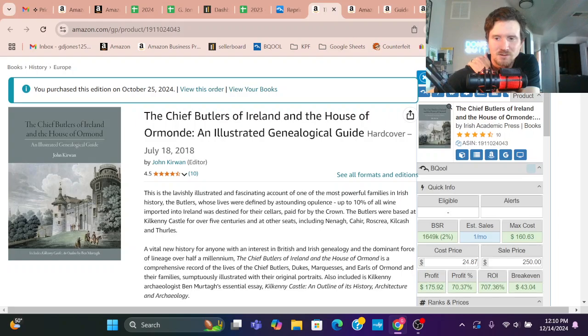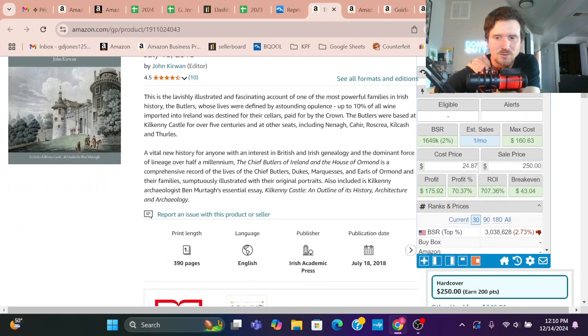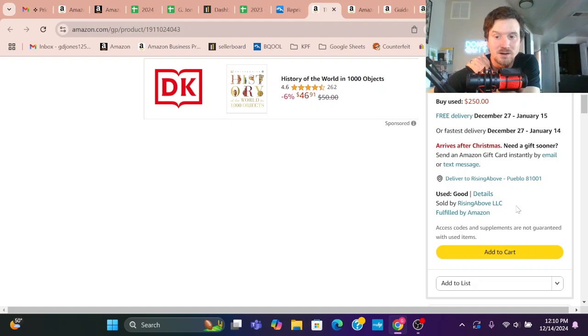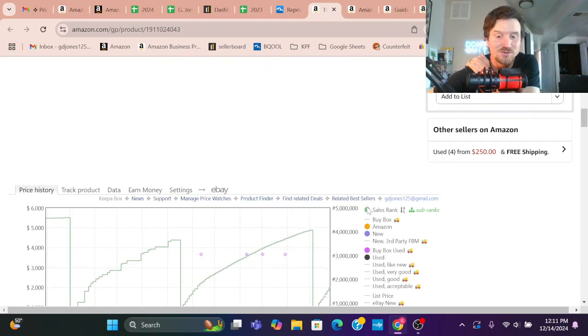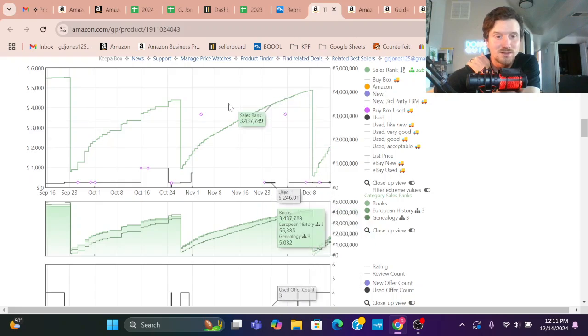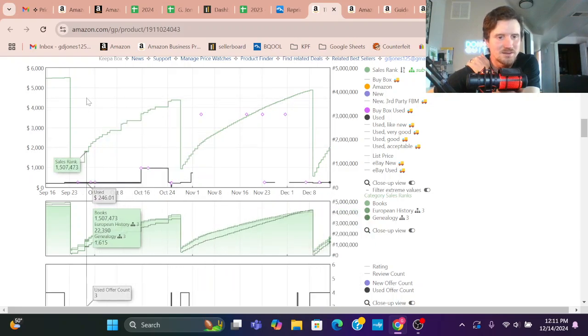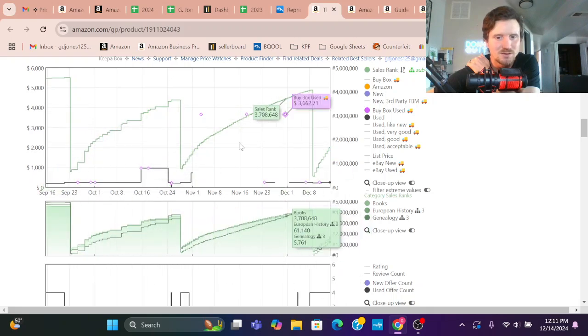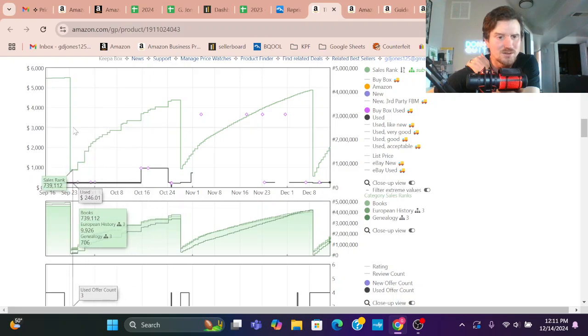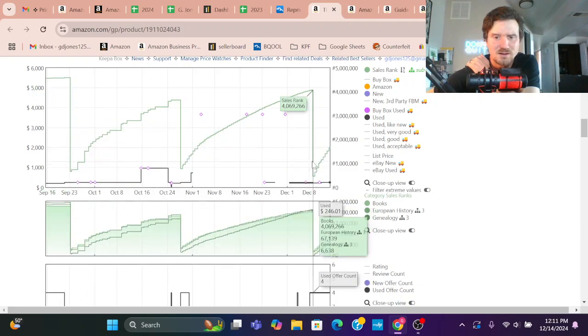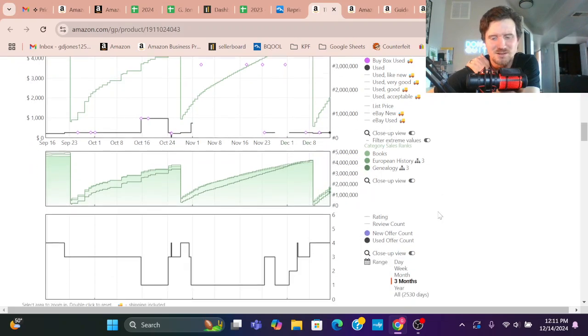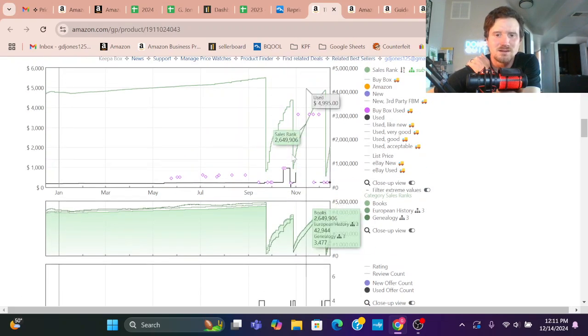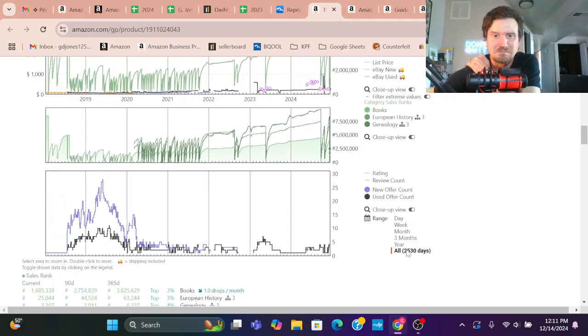I got it for $24.87, and look, I'm buy boxing at $250. That's crazy, but it's gotten three sales at around 200, 246, 246, 246, 214, somewhere in there, and then that's it.